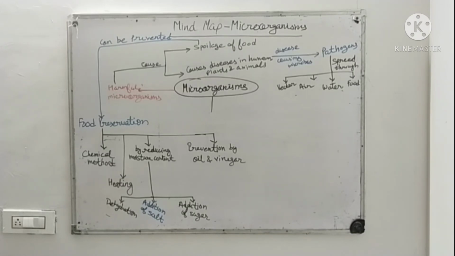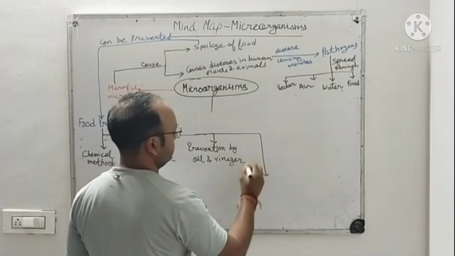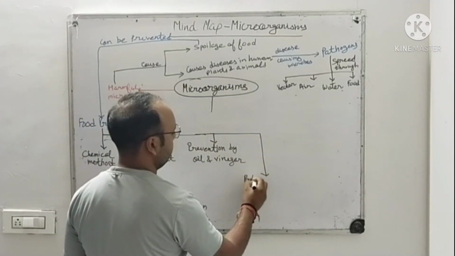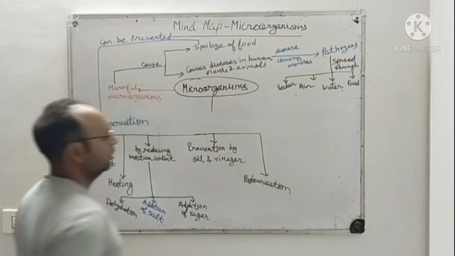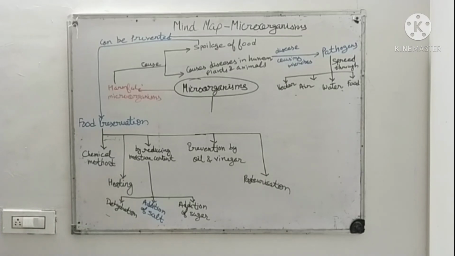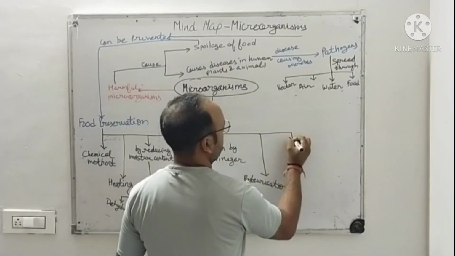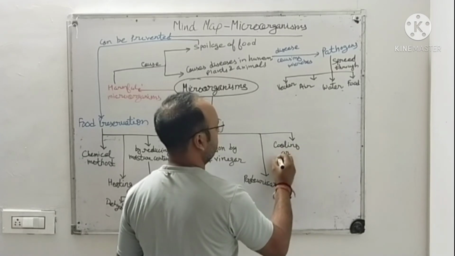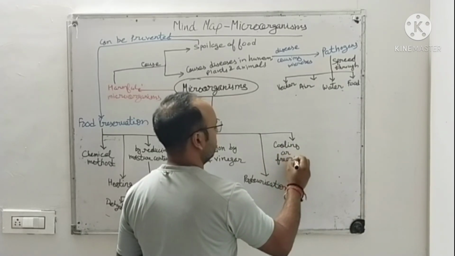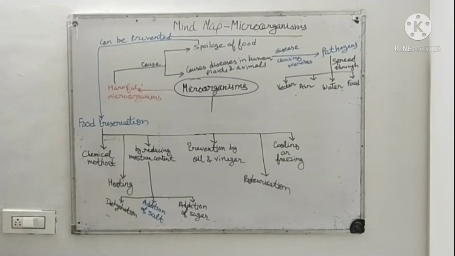Right? Then we have one more process, that is pasteurization, heating the milk to a particular temperature and then cooling it down immediately. Then we can say that it's safe. Then cooling or freezing. If you remember, we have frozen items in the shops, which protect against the growth of microbes.